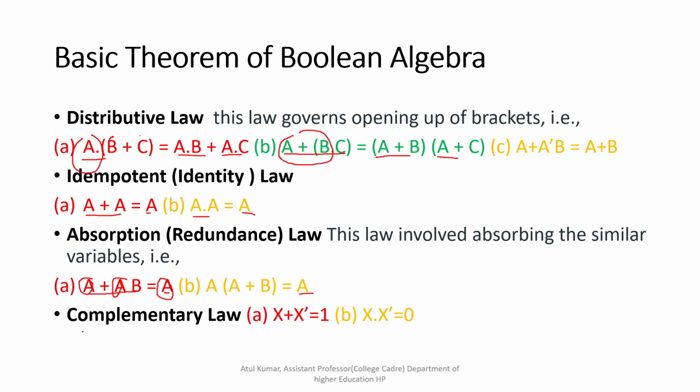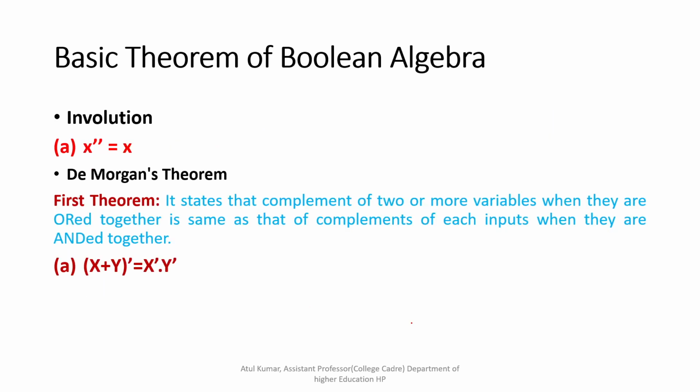The next law is the complementary law: x OR x dash, that is the complement of x, is always equal to 1, and x AND x complement is always equal to 0. Similarly, we have another law, the involution law, which means that the double complement of any variable is always equal to that variable.